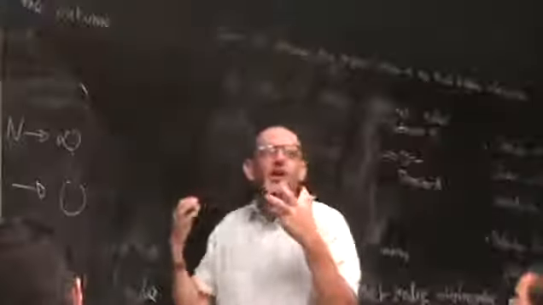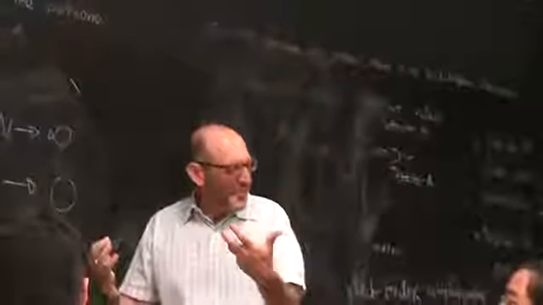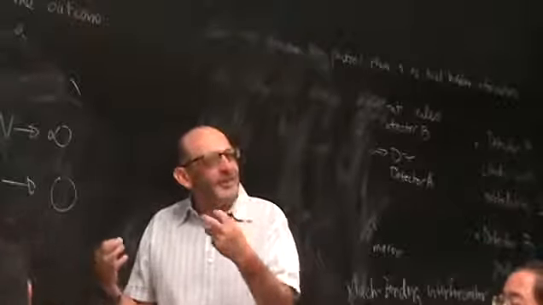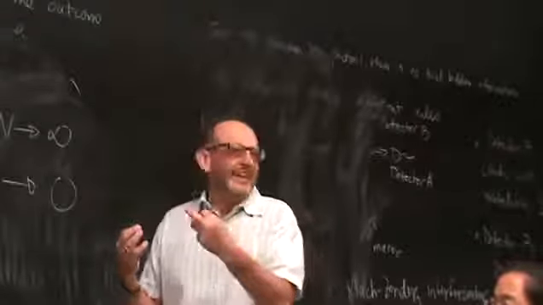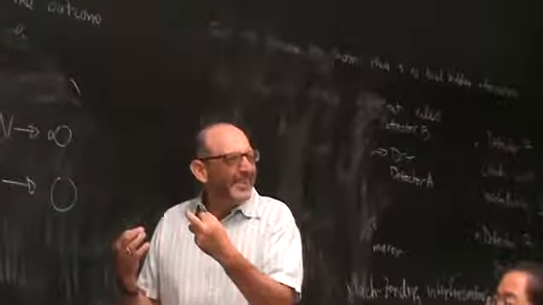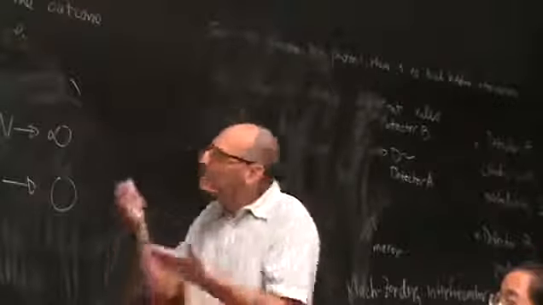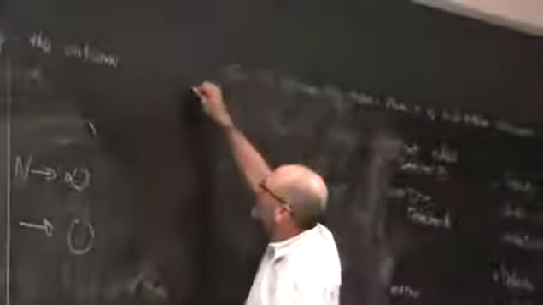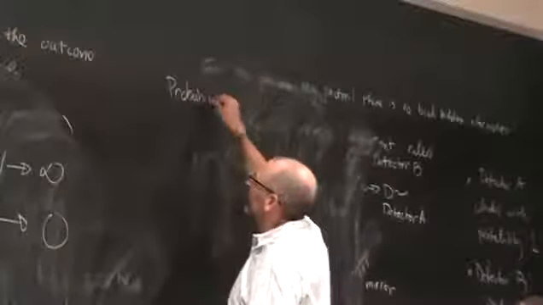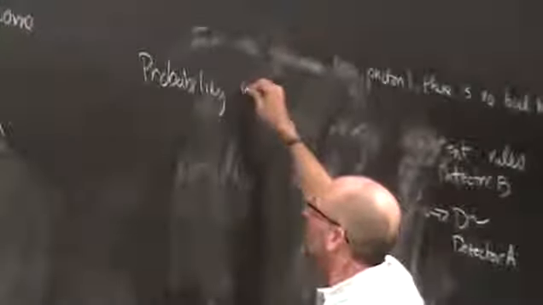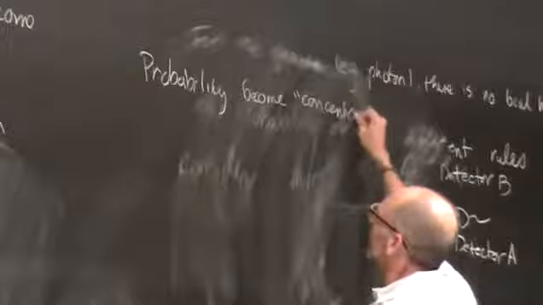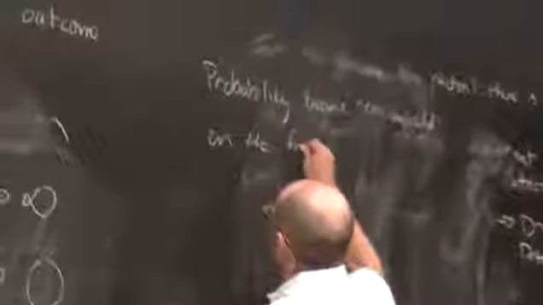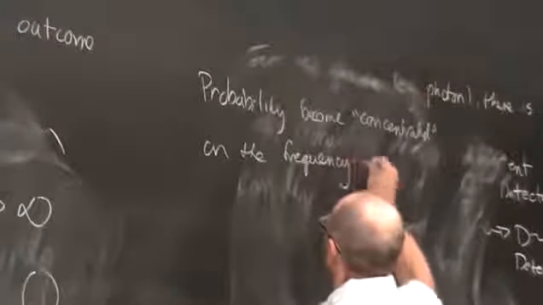And that's, in some sense, where the Born rule came from originally, although it's a little confusing because, as I say, that gives a sense that probabilities are objective, when in fact, that's not really the right way to think about it. But nonetheless, I could say that the probability becomes concentrated on the frequency of outcomes.